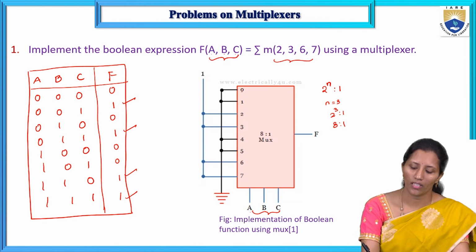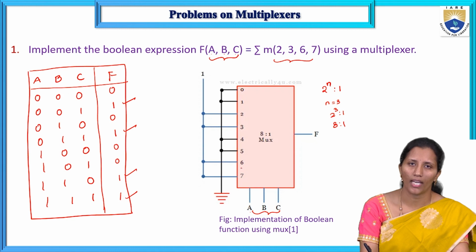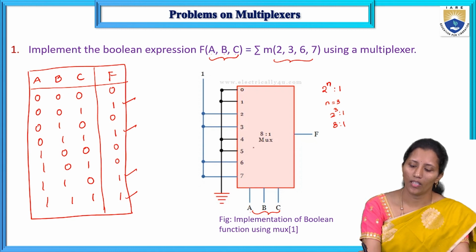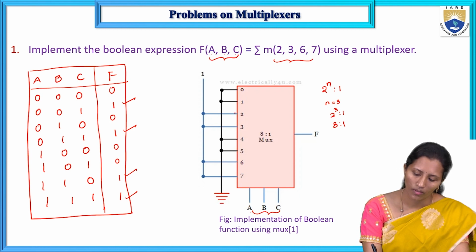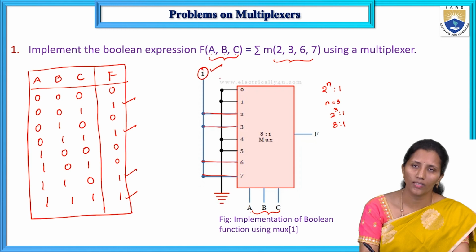For 8:1 we have 8 inputs, 0 to 7, and 1 output. In the Boolean expression, which is an SOP, the minterms are 2, 3, 6, 7. For these the output is 1, so 2, 3, 6, 7 are connected to logic 1.